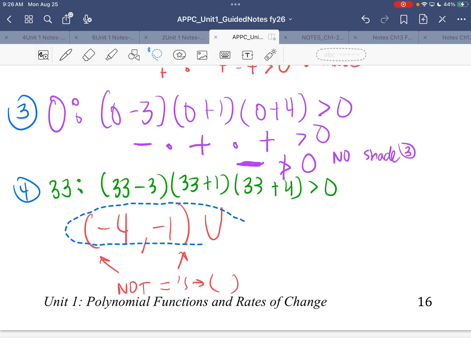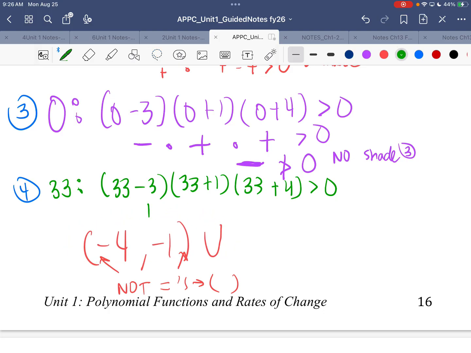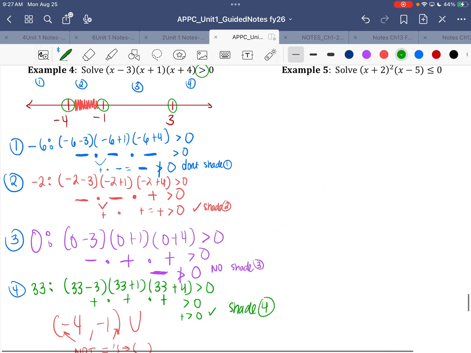You pick a different number if that's not your favorite number. We got all positives. Positive times positive times positive equals a positive. We are shading region 4, everything greater than 3.